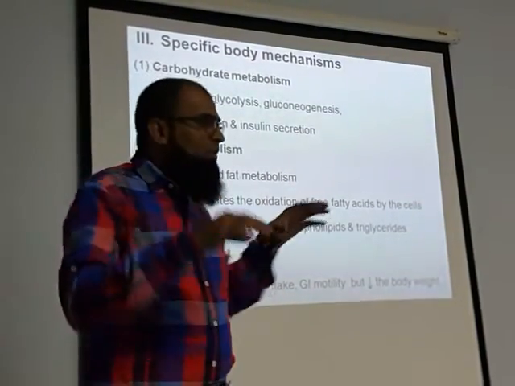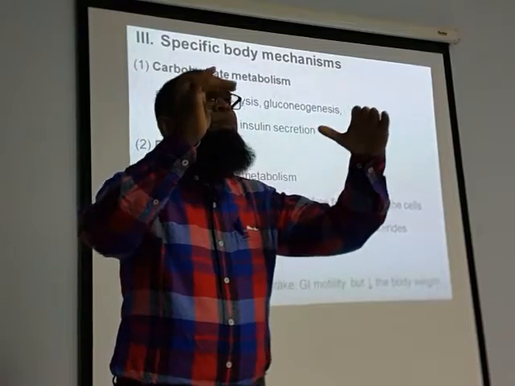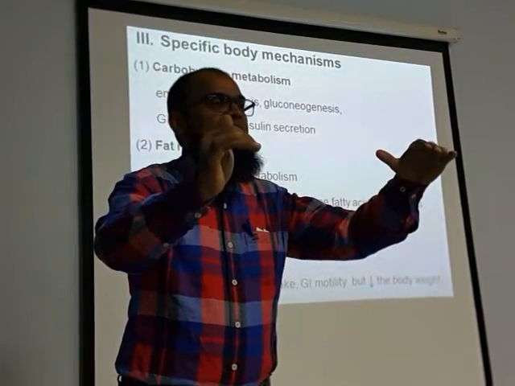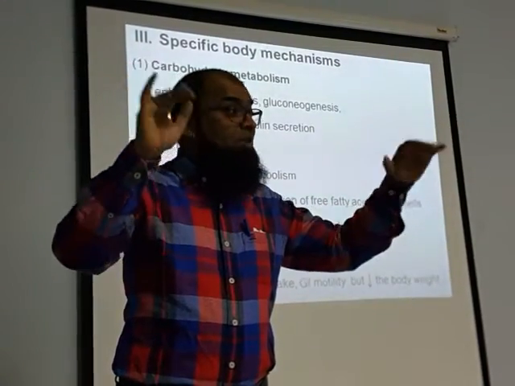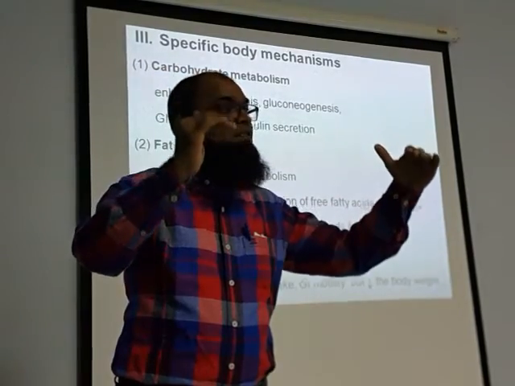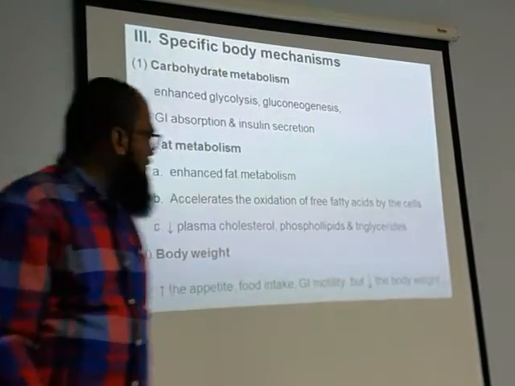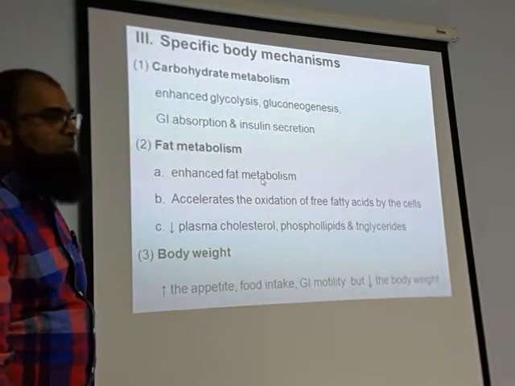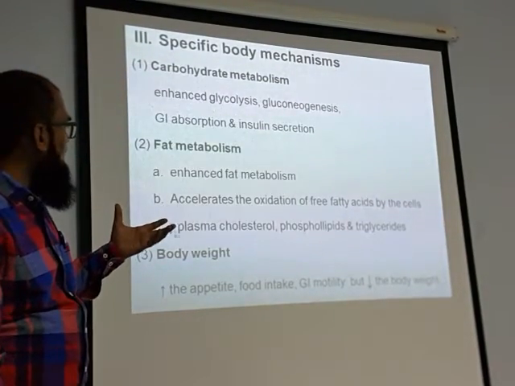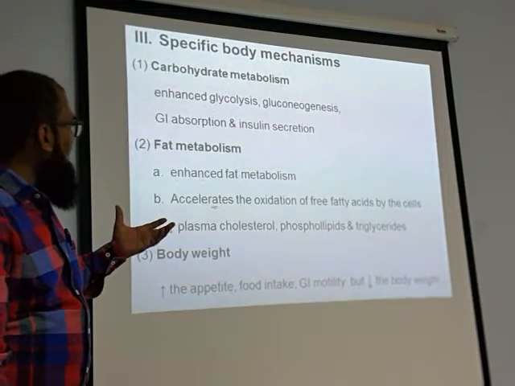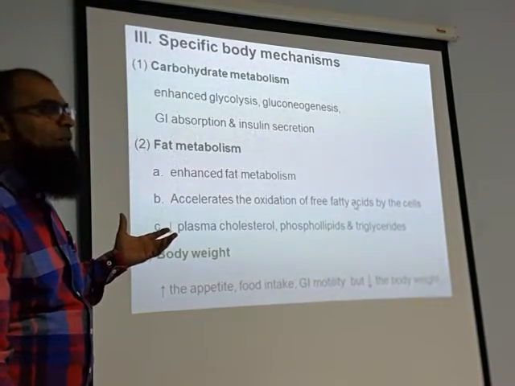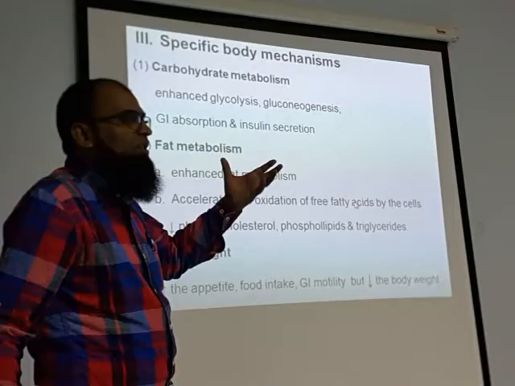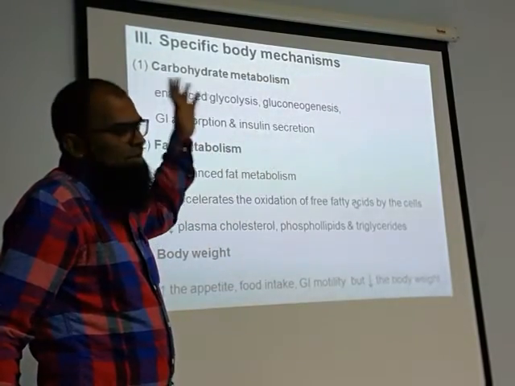Here, before going further, remember fat metabolism decreases the plasma fat level. First, remember, it decreases plasma fat level. How? Number one, it enhances fat metabolism, more fat is metabolized. Number two, it accelerates oxidation of fatty acids, more fatty acids are oxidized and energy is formed.